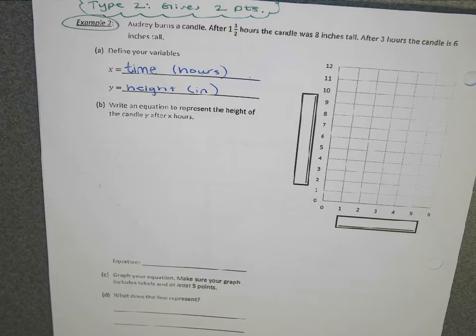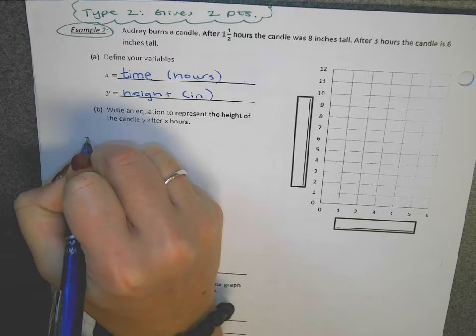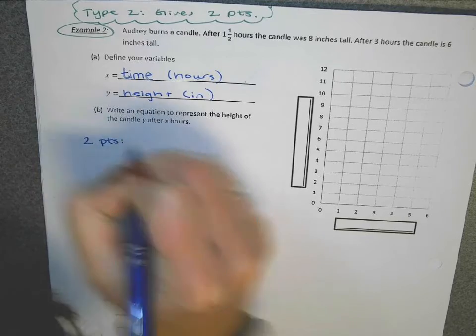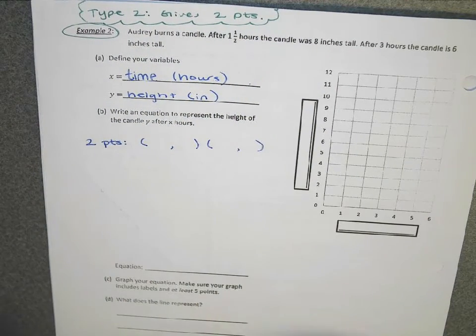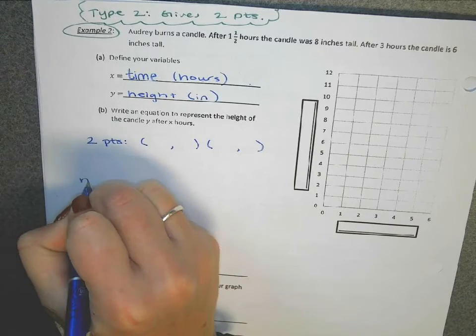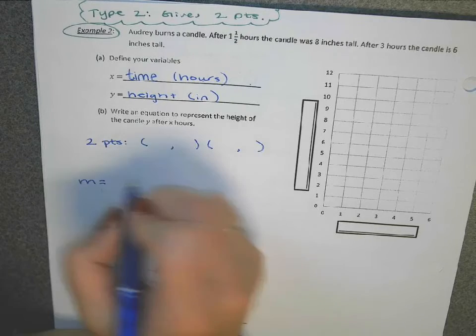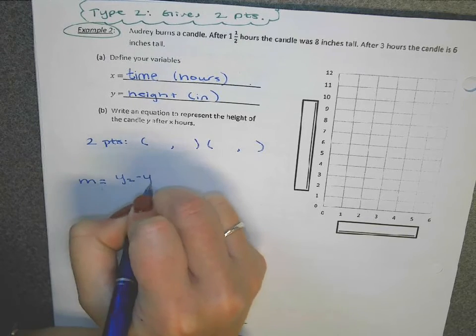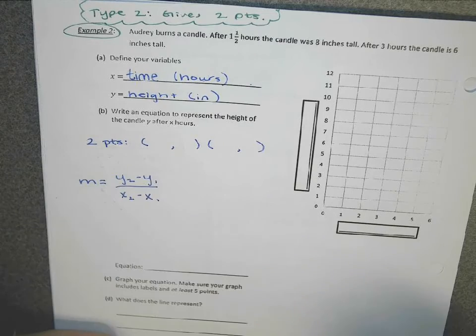You're going to have to do a little work here first because you're going to have to find the slope. So the first thing when we go to do this, you're going to have to first identify the 2 points. So there's your 2 points. Then you're going to have to use the 2 points to find the slope. So what's the equation to find slope? y2 minus y1 over x2 minus x1. Right? Okay.